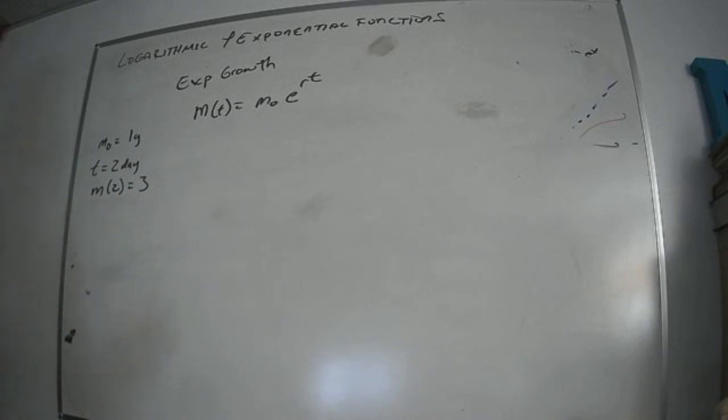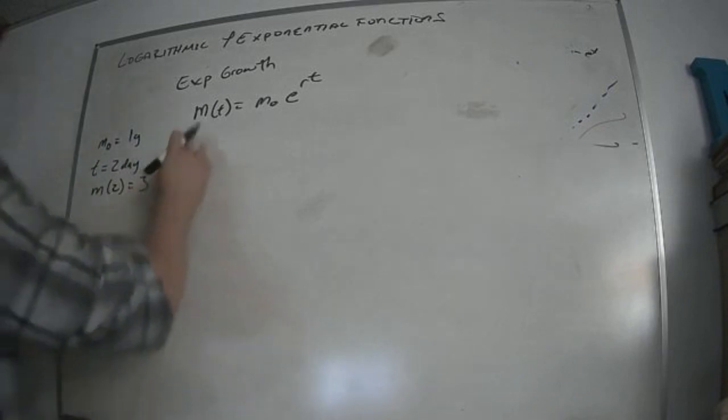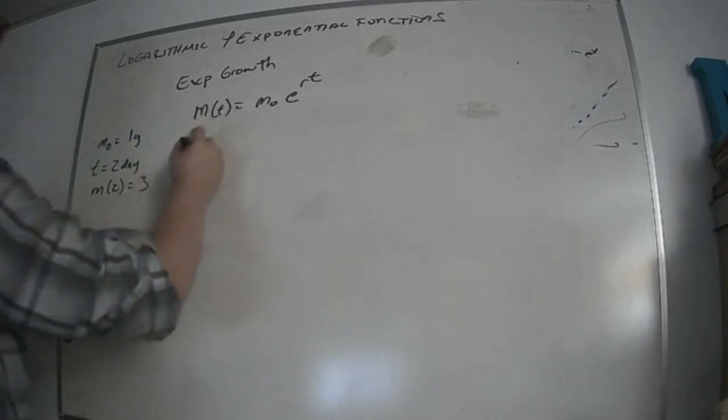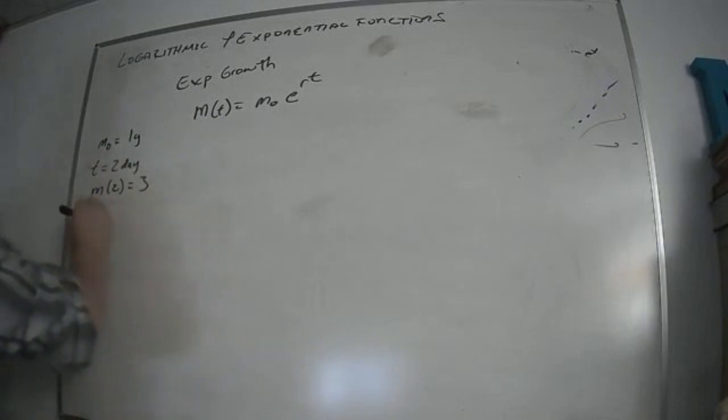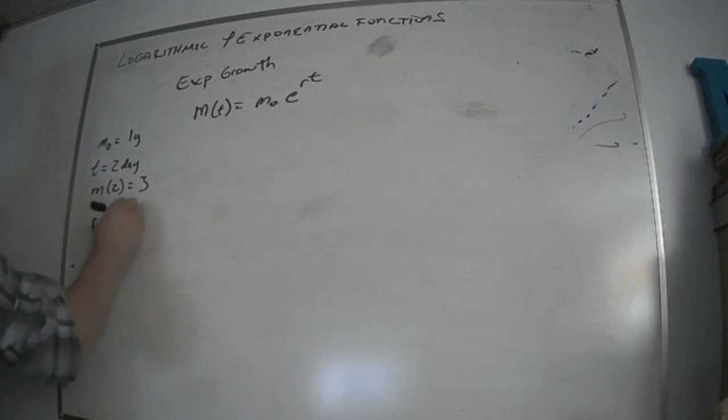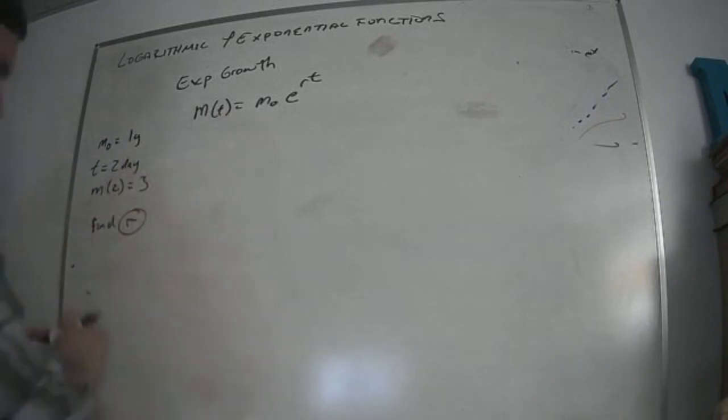So what am I being asked to find? Well, I know that M of 2 is 3. I'm going to plug in the information I have. I want to find the rate. Find r. So let's plug some numbers in.